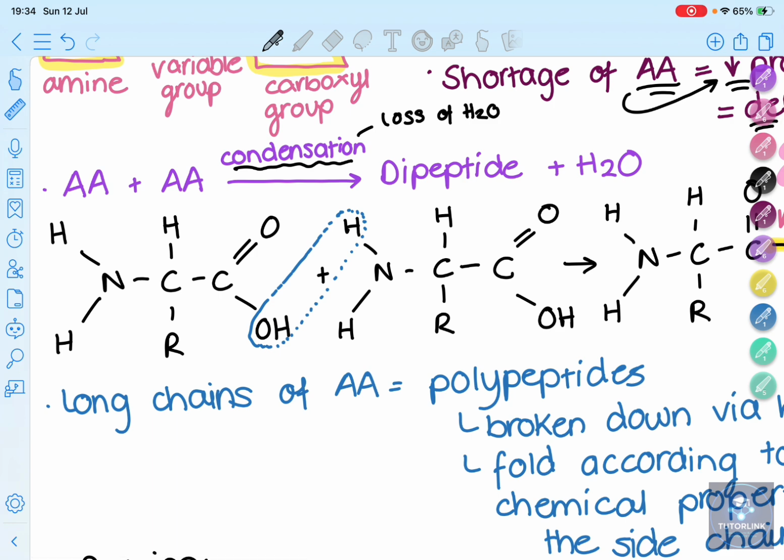Now what happens is the oxygen of the carboxyl group and one of the hydrogens of the amine group combine. So we have two hydrogens and one oxygen, right? So that gives us water. That's why condensation is loss of water.